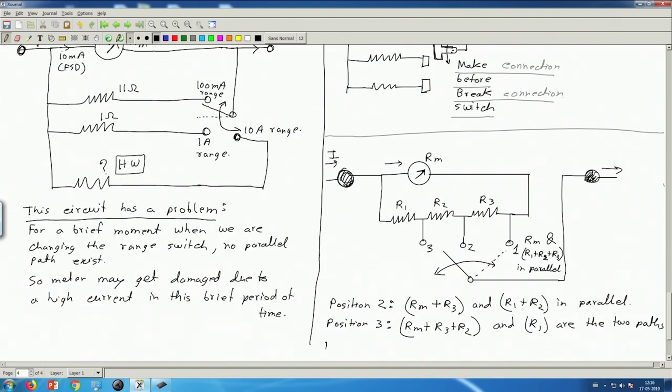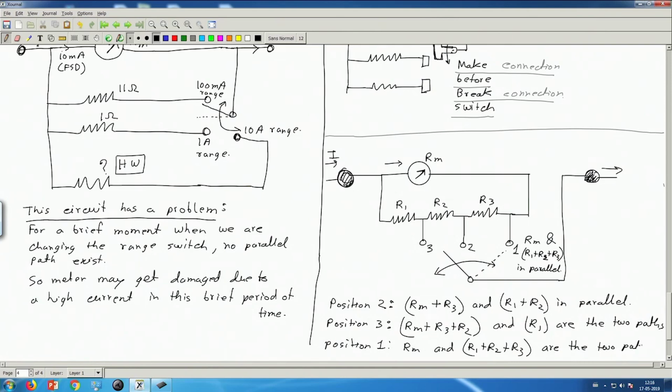Let me also write for position 1: we have Rm alone and R1, R2, R3 together. These are the two parts.